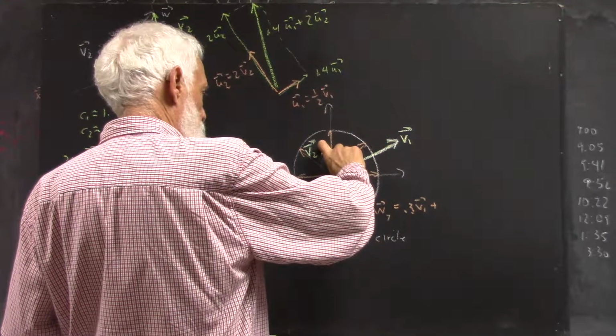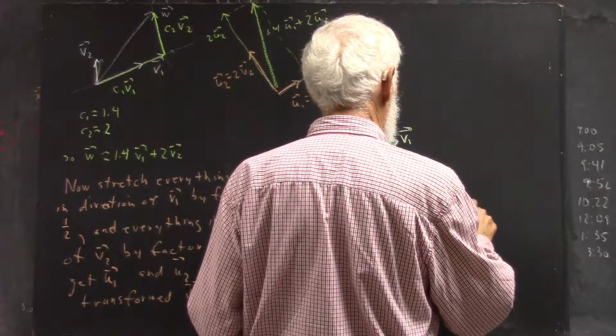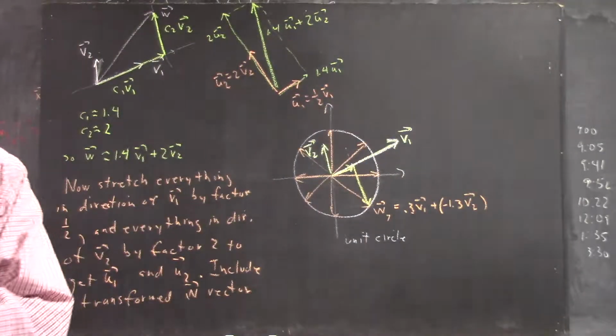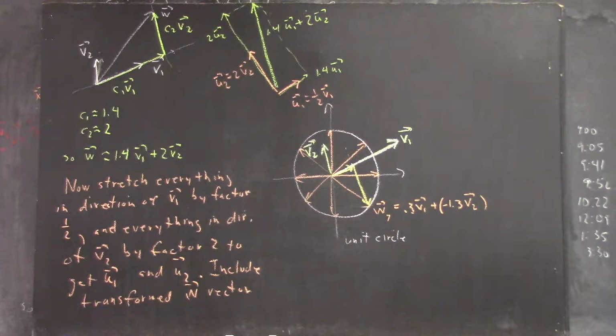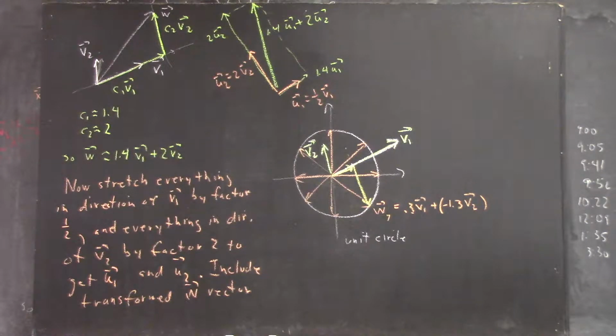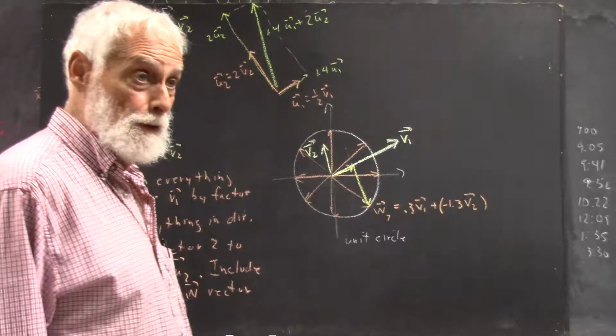It's in the opposite direction of V2. I'd say negative 1.3 V2. And I could have written that as just 0.3 V1 minus 1.3 V2. Means the same thing. Okay, but I'm actually adding the vector negative 1.3 V2 when I do this.